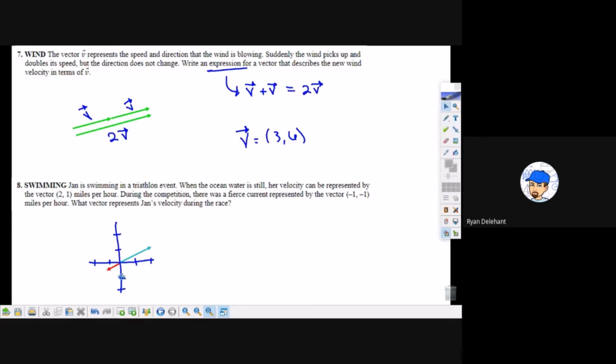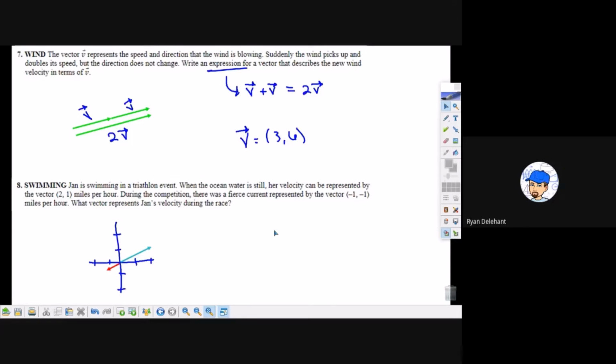Pretend that those are even. So she's the blue vector. Now what we're asking is, what represents her actual vector, how far she's swimming in that time? Is she still making 2, 1 miles per hour?